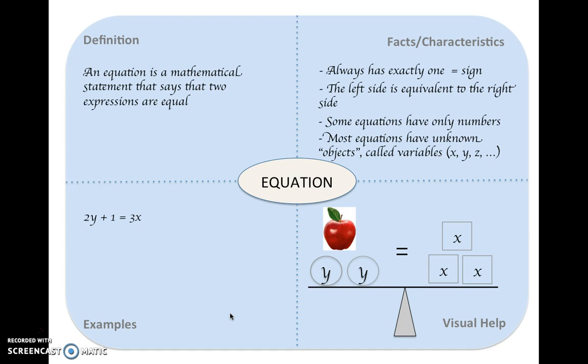Some examples, like the one we use, 2y plus 1 equals 3x, more complex examples, or number examples like 9 plus 13 equals 22. Tomorrow we will be working with the first type of equation, 2y plus 1 equals 3x.